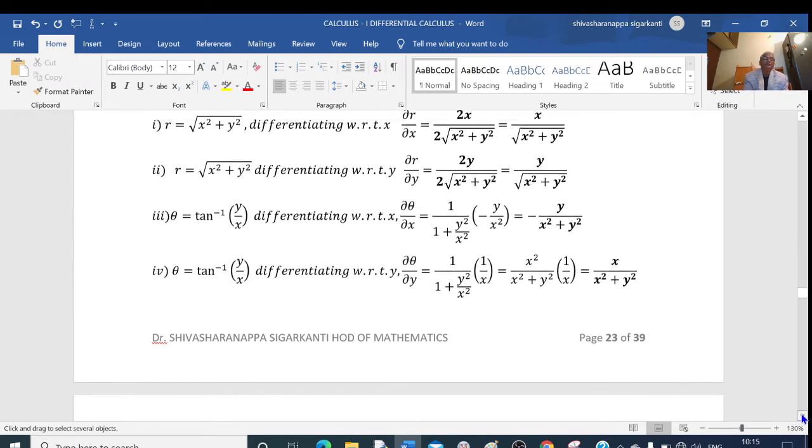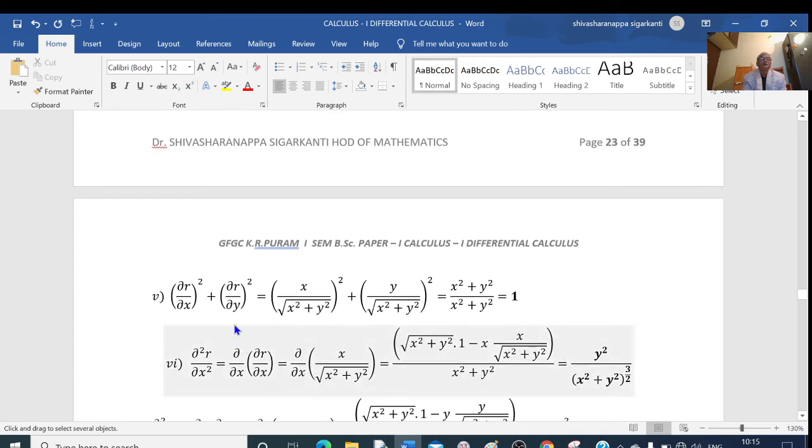Then to find this, (∂r/∂x)² + (∂r/∂y)² is equal to, already we got ∂r/∂x is x by root of x² + y², whole squared, plus ∂r/∂y is y by root of x² + y², whole squared.